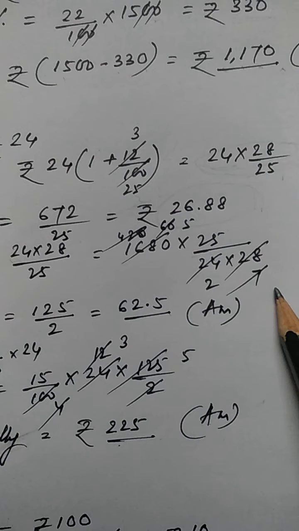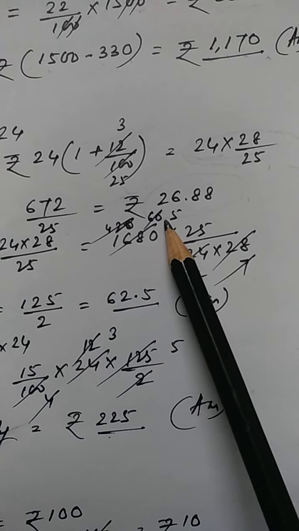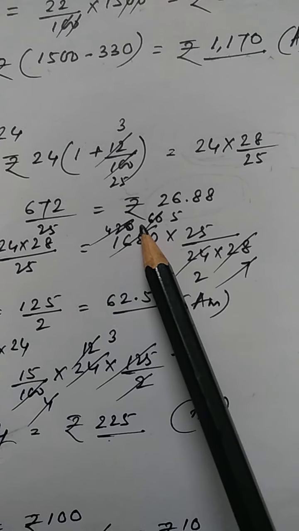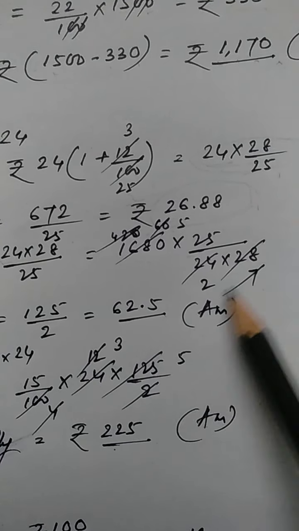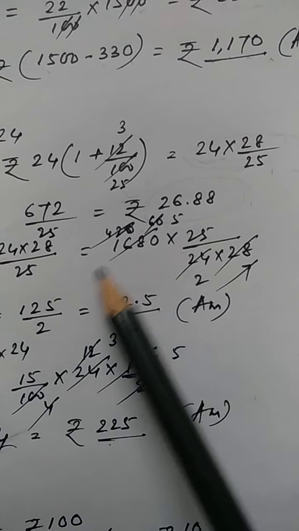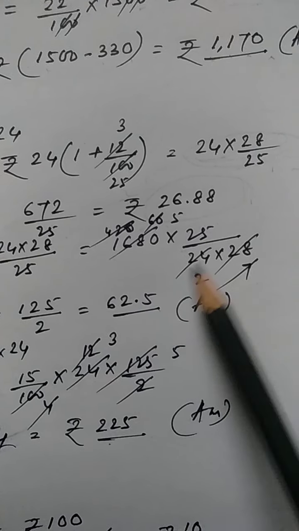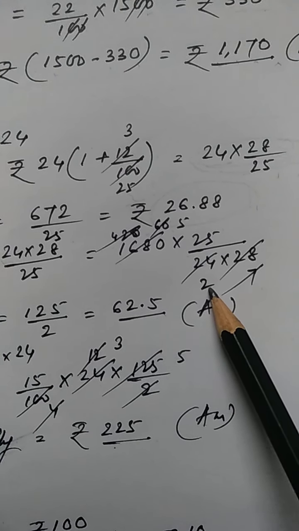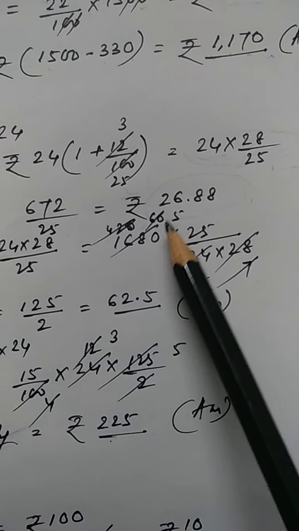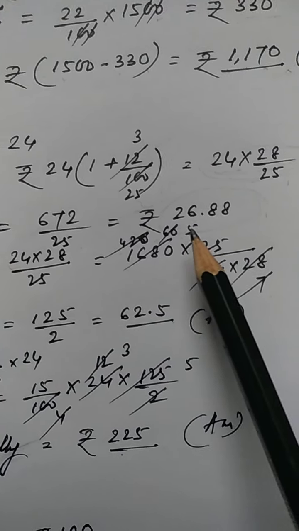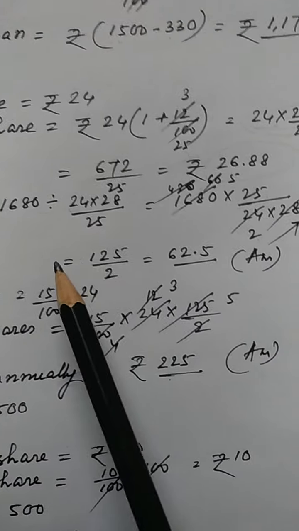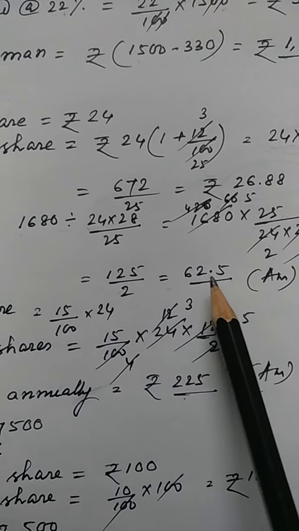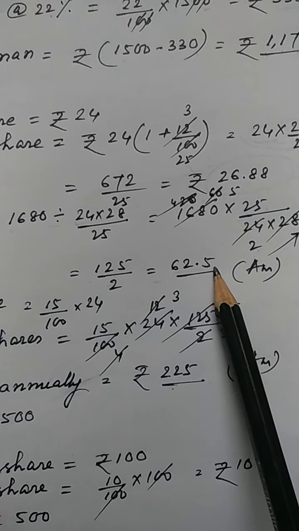Dividing this by 4, this is coming 7, and dividing it by 4, this is coming 420. Again dividing by 7, this is coming 60, and then dividing by 12, 24 divided by 12 is 2, and 60 divided by 12 is 5, and now 5 into 25, that is 125 by 2. So I write here 125 by 2, and that is 62.5.